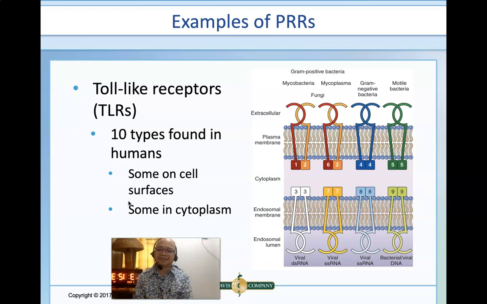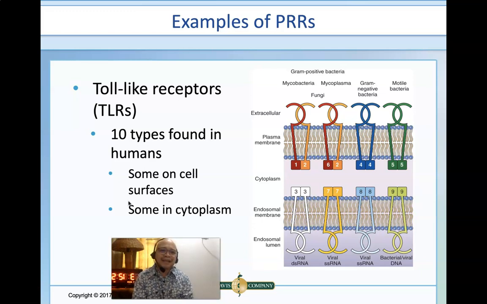Some are found on cell surfaces, some are found in the cytoplasm. So as you can see, the toll-like receptors can recognize PAMPs. And when these PAMPs are recognized, it will activate phagocytosis. Okay?